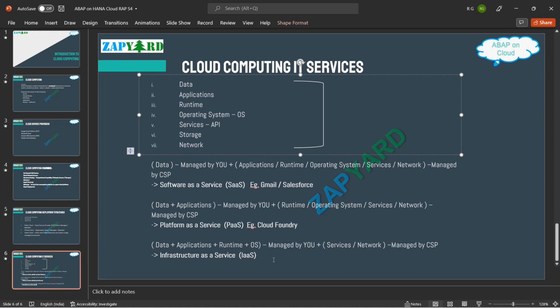For infrastructure as a service, the example is SUSE Cloud. In this concept, the data, application, runtime, and OS are all operated or managed by the person or the company which is implementing it, but the rest, the services and network, are managed by the cloud service provider.